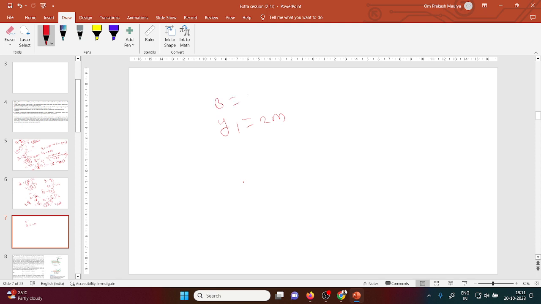B is 25 meter, and V1 is 9 meter per second.